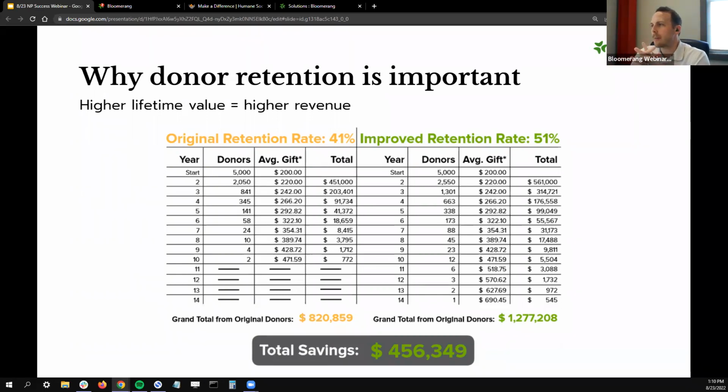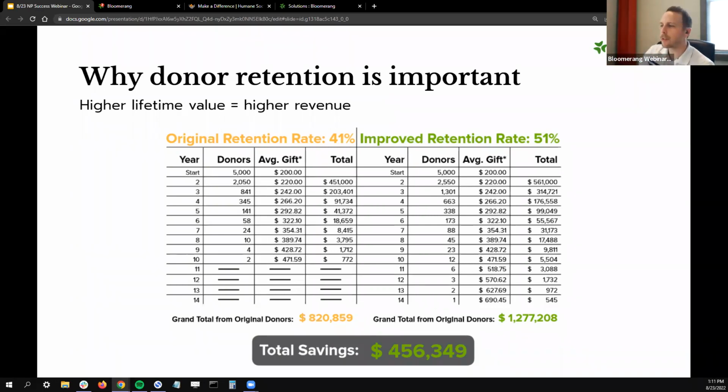And on the right is the same nonprofit but bumped to 51%. You can see, for example, their average gift starts at 200 and it goes down over 10 years. So year 2, year 3, you can see it jumps in total from 451, and then they're only retaining 203 of that same donor base.